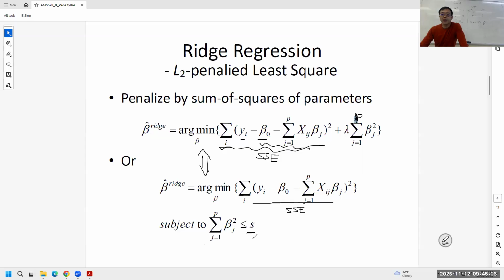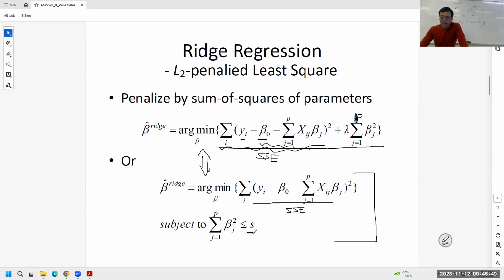These two are the same, because the form above is almost the Lagrangian function of the problem below. So these two problems are almost equivalent.